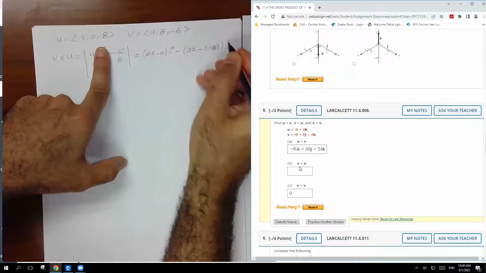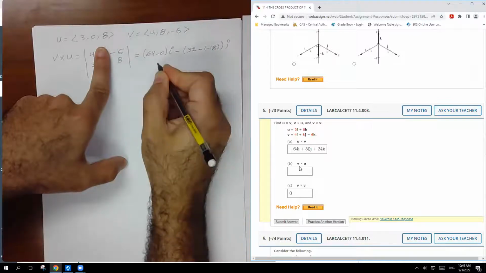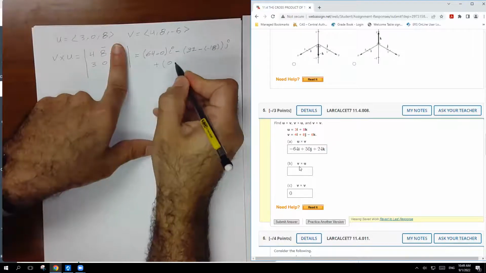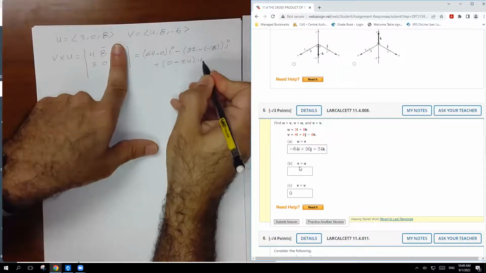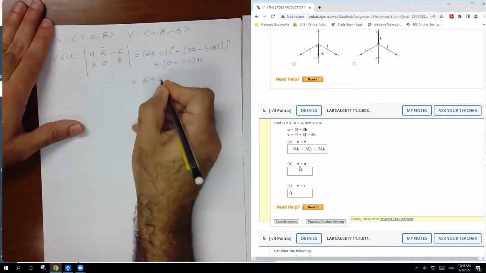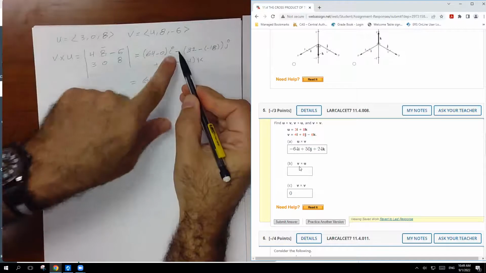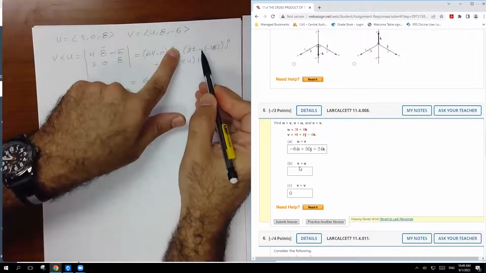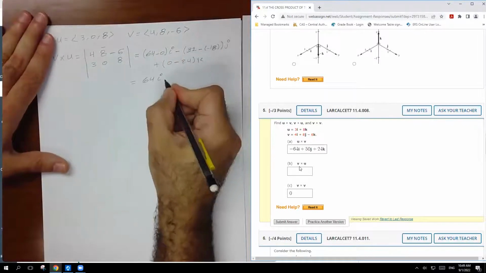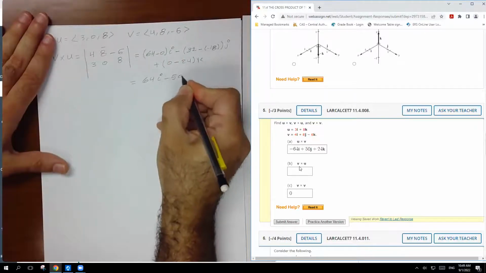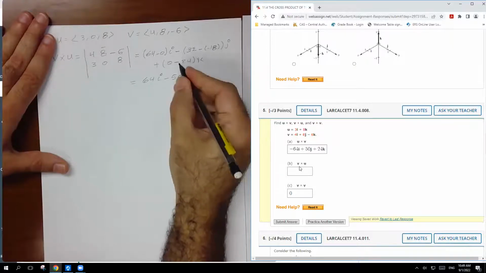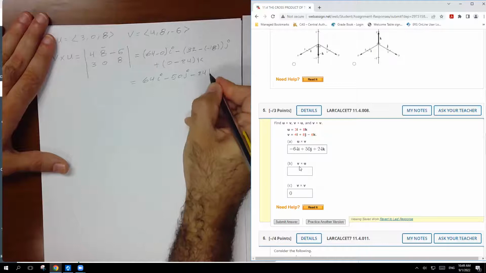For the k, plus, it's going to be 0 minus 24. So the result is going to be 64i. There is a negative sign: 32 plus 18 is going to be 50, so negative 50j, and minus 24k.